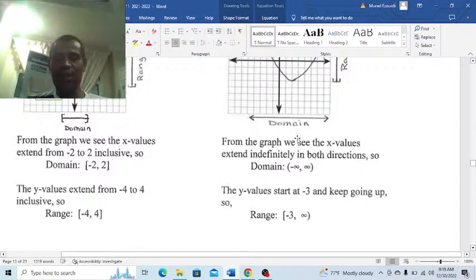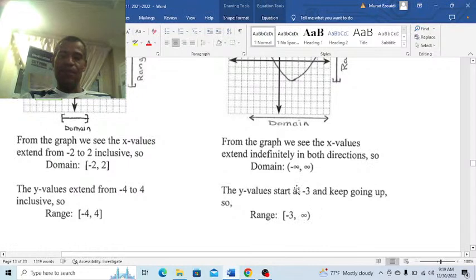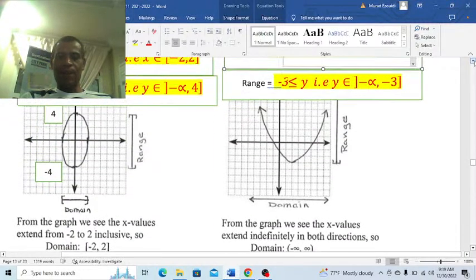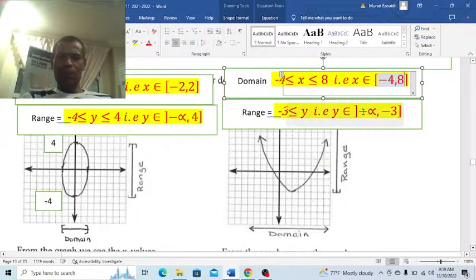For the second example, the y values start at negative 3, so it will be negative 3 to plus infinity. But in this example we restricted the value of x, so the domain we consider is this one, but in fact it's real numbers.